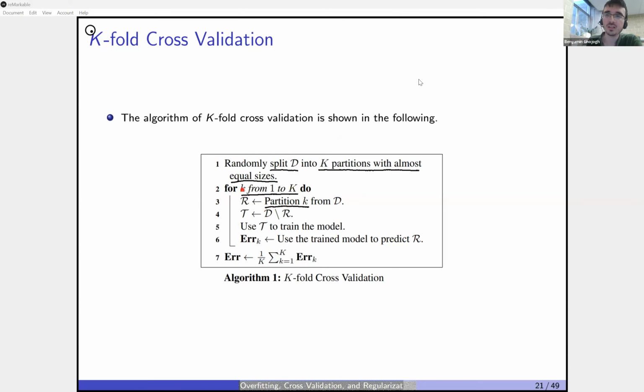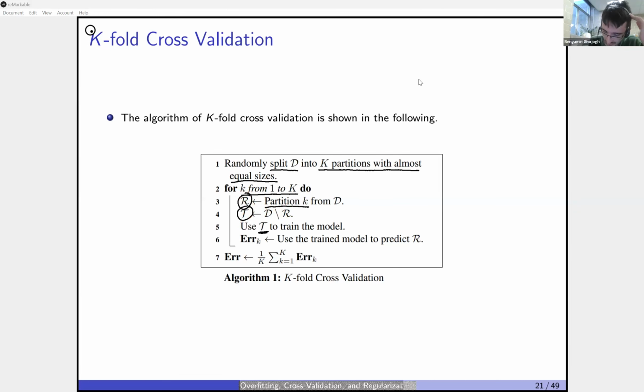In each loop, we take one of the sets from the data as the test set, and the rest as the training set. This is set subtraction: D minus R, D excluding R. So D excluding the test set is the training set.